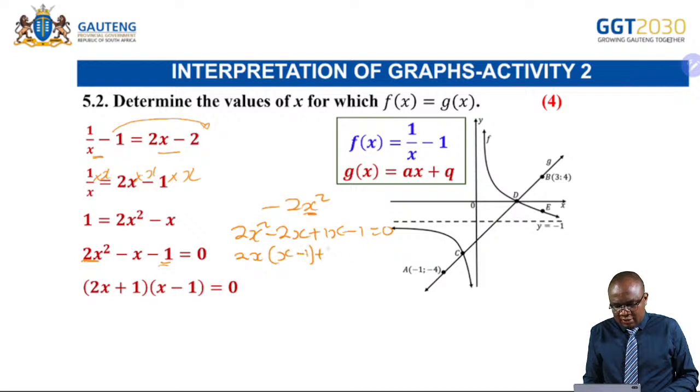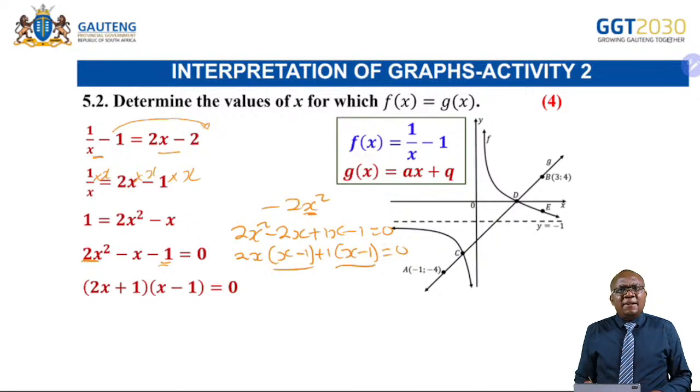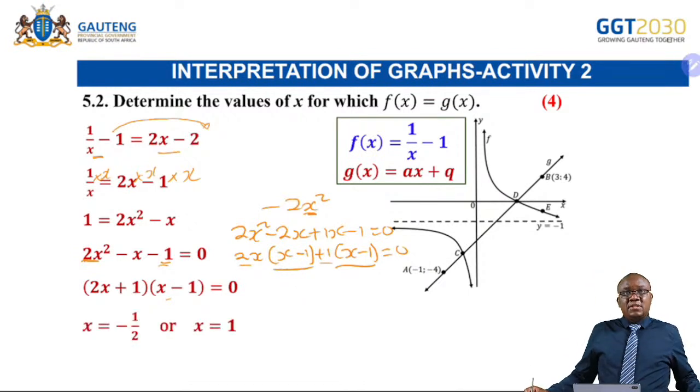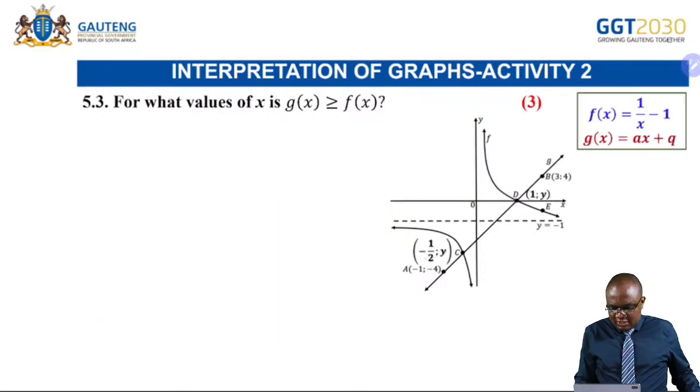Factor out 1, and you get x minus 1. You have got a common bracket, which is x minus 1, and then you factor it out and get x minus 1 and 2x plus 1. Then you can solve for x, which is negative 1/2 and 1. So these are the x-coordinates of C and D.